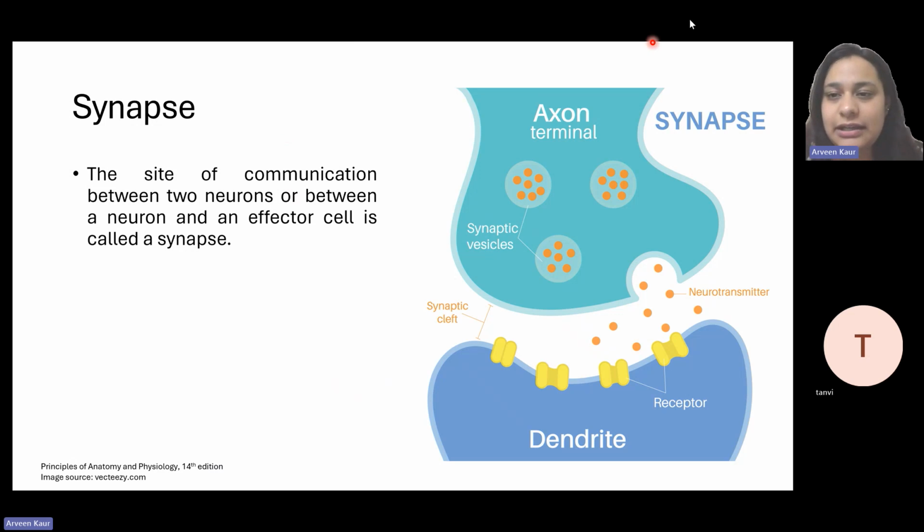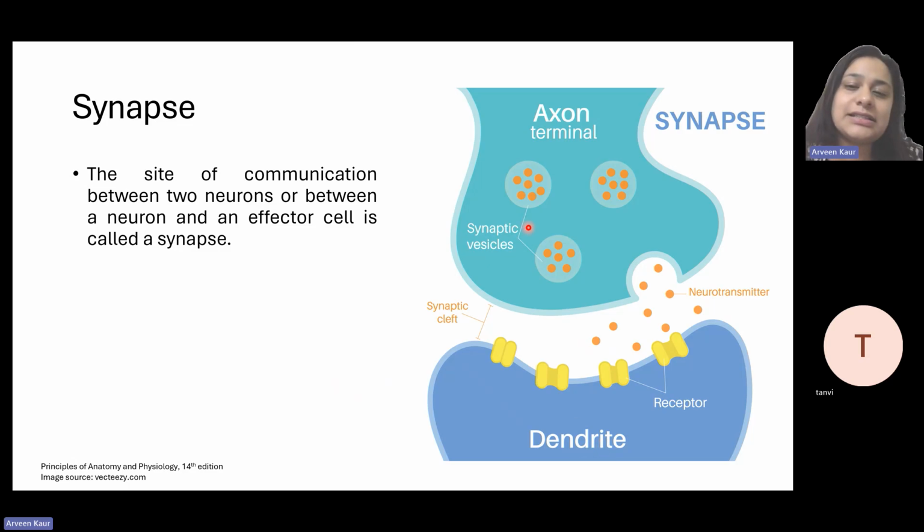So in this diagram, this is an example of a synapse, right? This is an axon terminal from the presynaptic neuron. This is a synaptic cleft, which is the space present in the synapse, right? And this is the dendrite of the other neuron, which is the postsynaptic neuron, right?